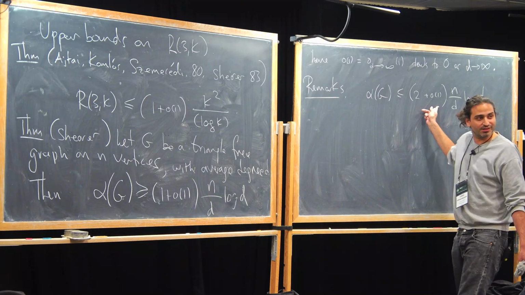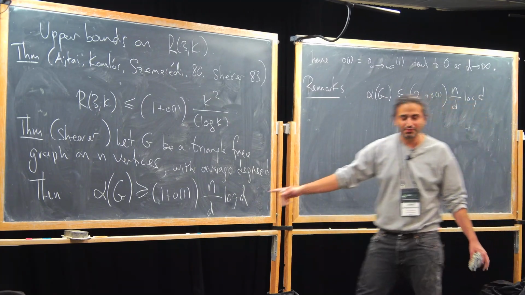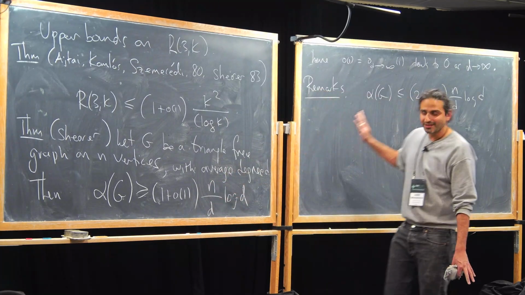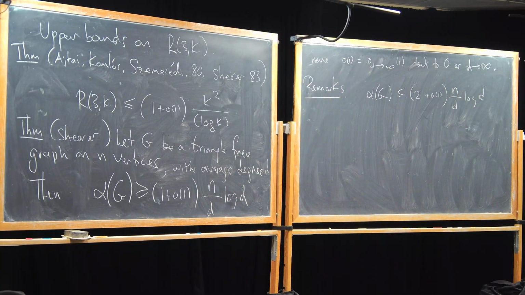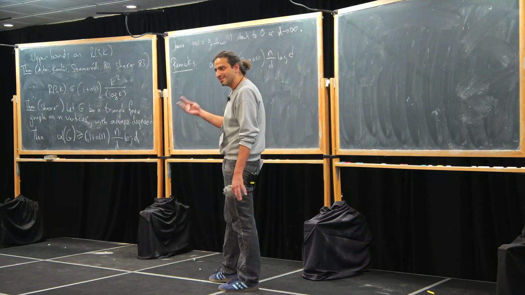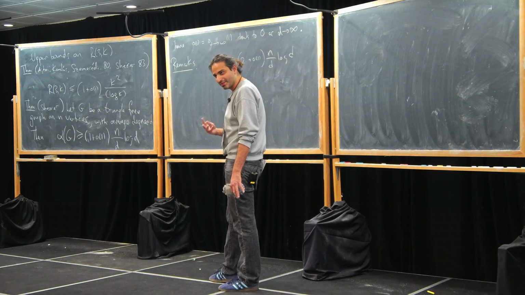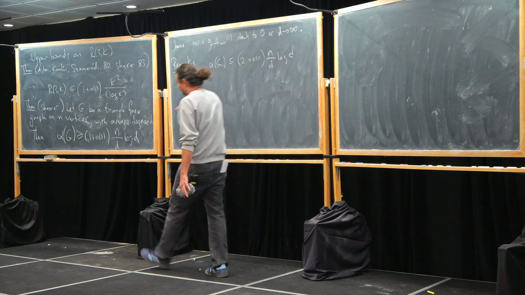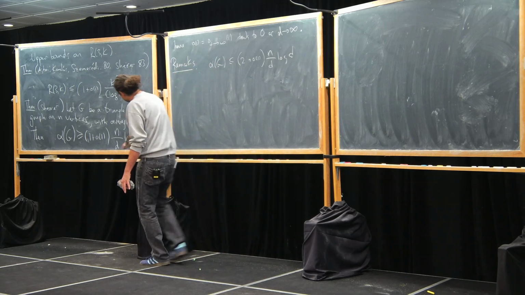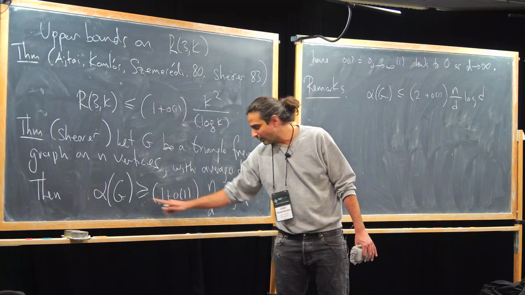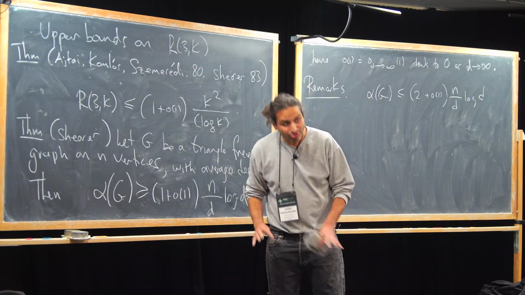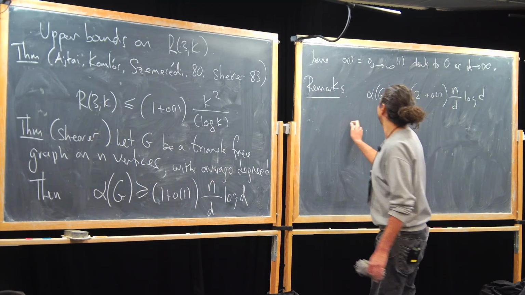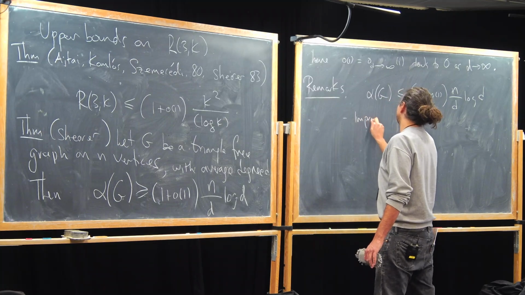So what's the right answer? We have a 2, we have a 1. And this is actually a genuine mystery. While it might just seem like a constant, I think there's a lot of really interesting mathematics that lives between these two things. At this point, even just improving by a 1 plus epsilon factor for a fixed epsilon would be a major deal.